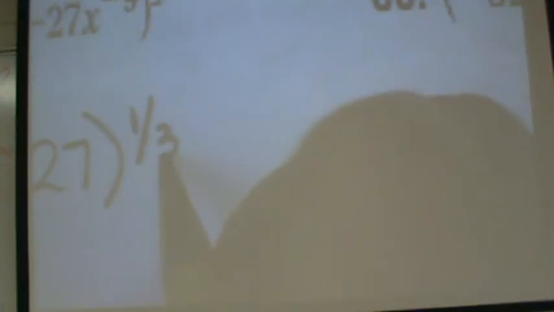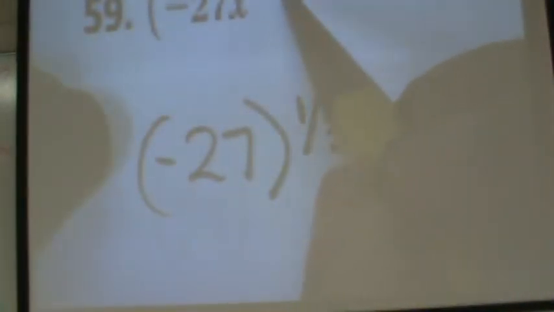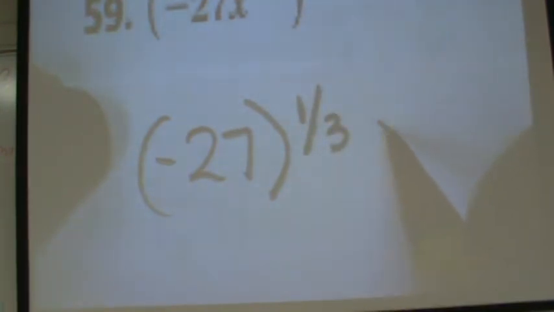59. This whole thing is to the 1/3 power. So you're taking -27 and you're raising that to the 1/3 power. And you're taking this power to power and multiplying these two. So -9 times 1/3 is -3.